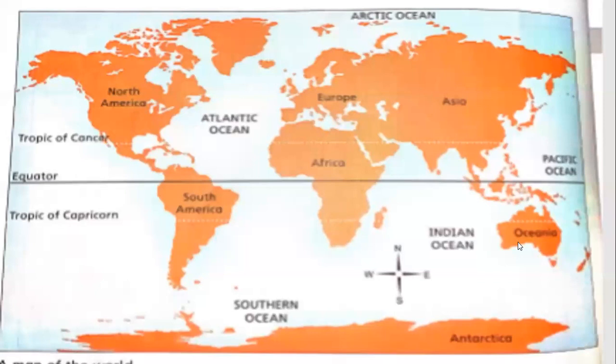The Arctic Ocean is in the north and the Southern Ocean you can see in the south. Then the Pacific Ocean, Atlantic Ocean and Indian Ocean. The division of Earth is like this, with 7 continents and 5 oceans.